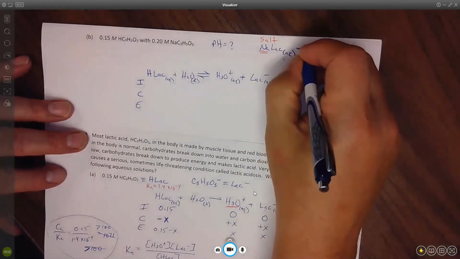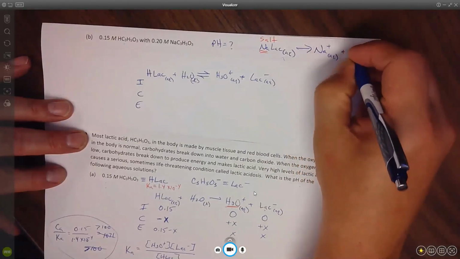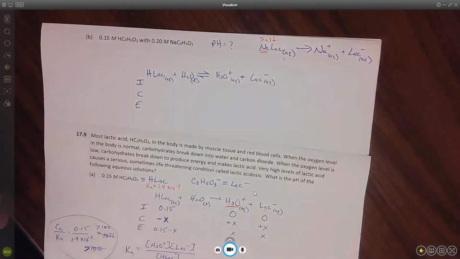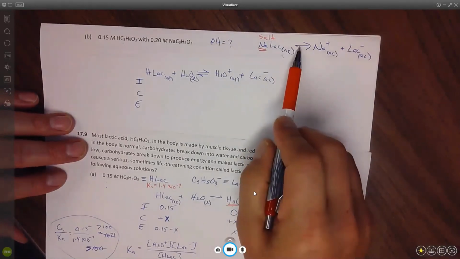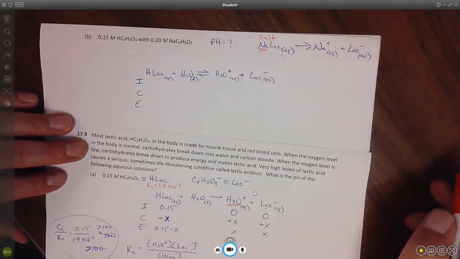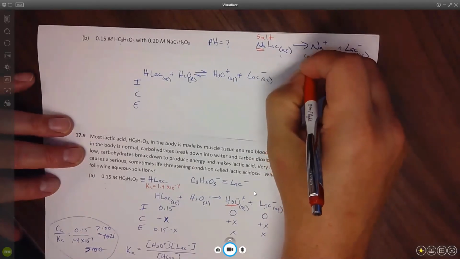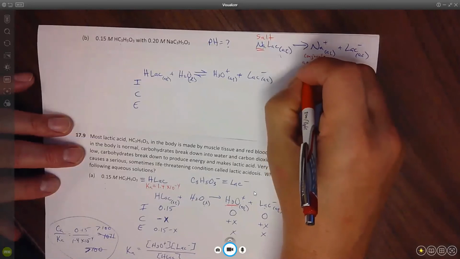That's going to completely dissociate to form sodium plus and our lactate. Because it's a strong electrolyte, so no ice table. But this is the conjugate acid of strong base.